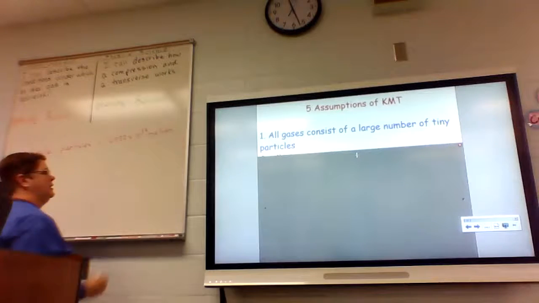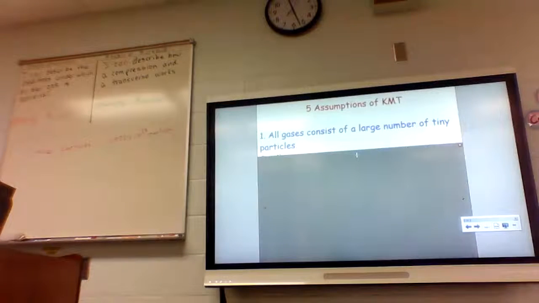That's not unrealistic. That's pretty easy for us to do. So we're not going to calculate gas laws with a few particles. We're going to limit ourselves in a first-year class to a large number of particles. So even if we pick half a mole or a quarter of a mole, that's still a huge number of particles. So it's not hard for us to stick to something that would be considered ideal.